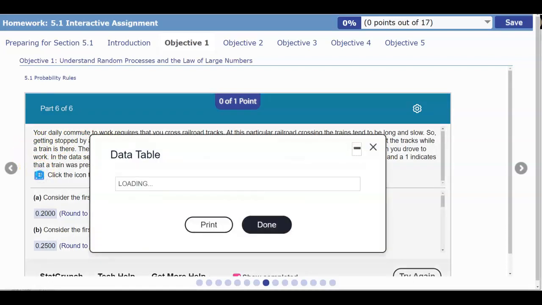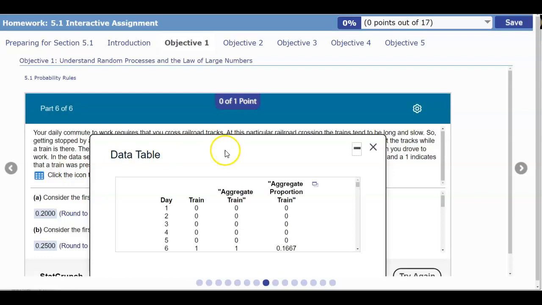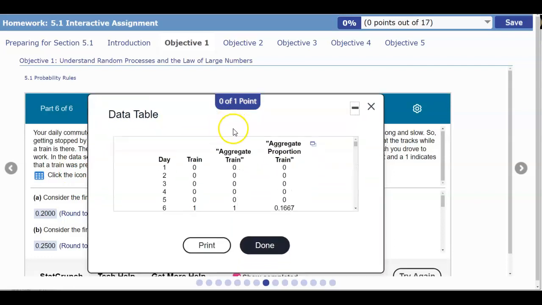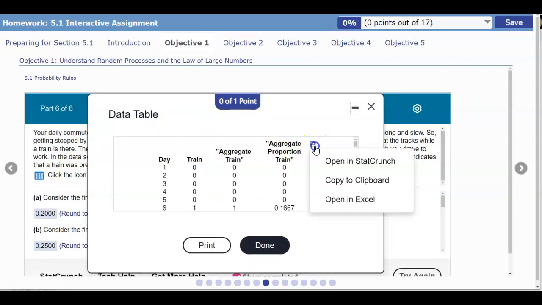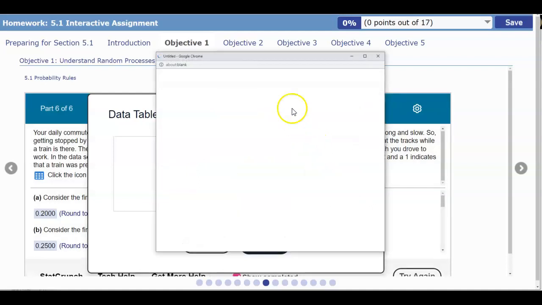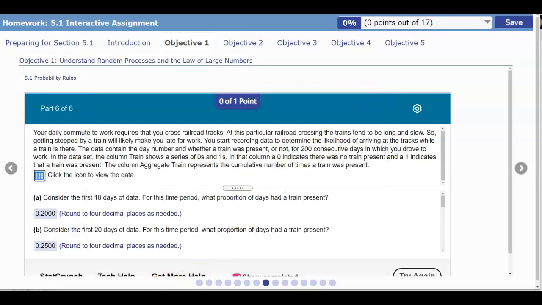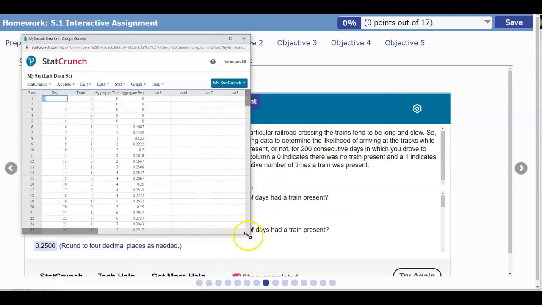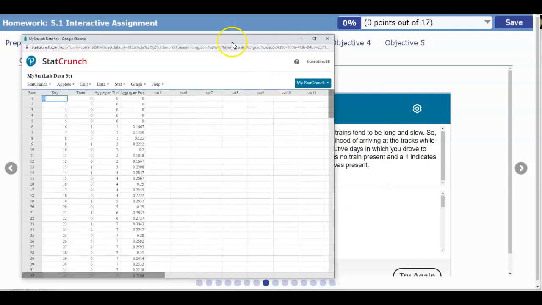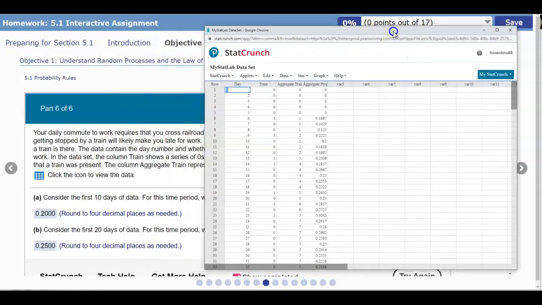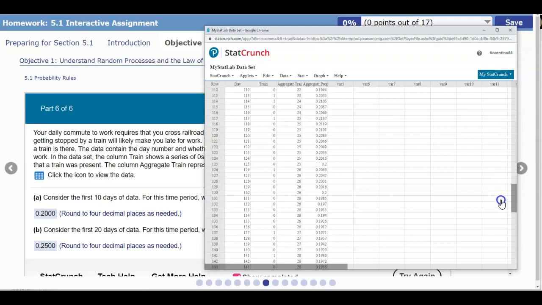So I'm going to go ahead and open up this data in the data table. Okay, and I'm going to open this up into StatCrunch so we can see the data a little bit more clearly. Now that I have this data open in StatCrunch, we can see that this represents 200 days. So we have the day that goes all the way down to 200.